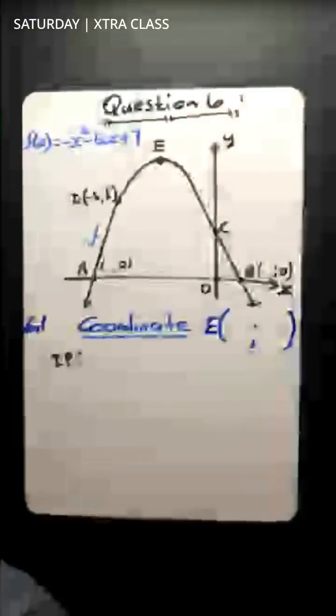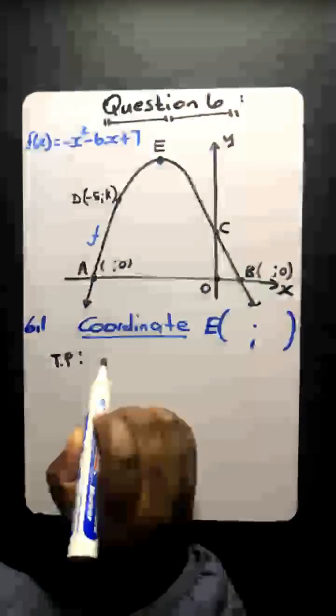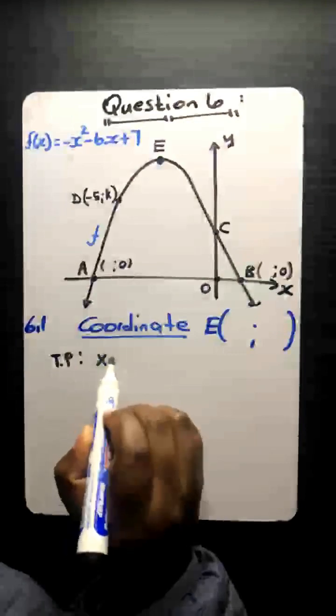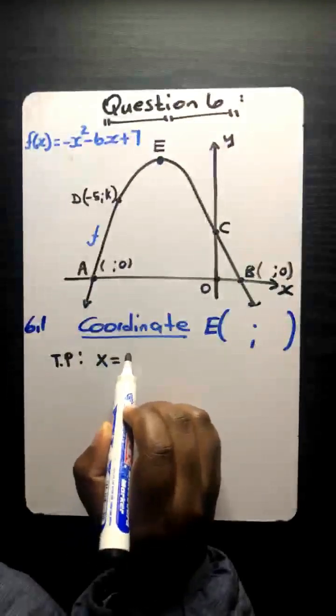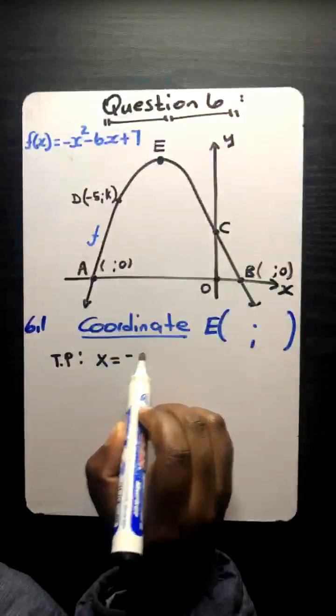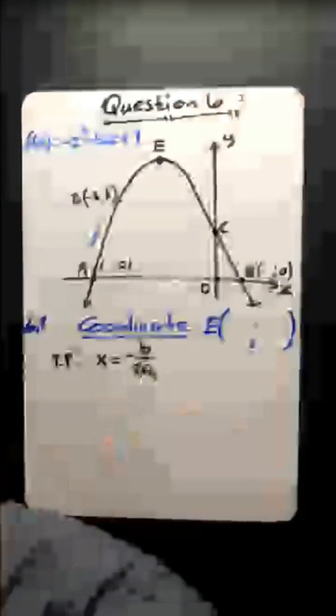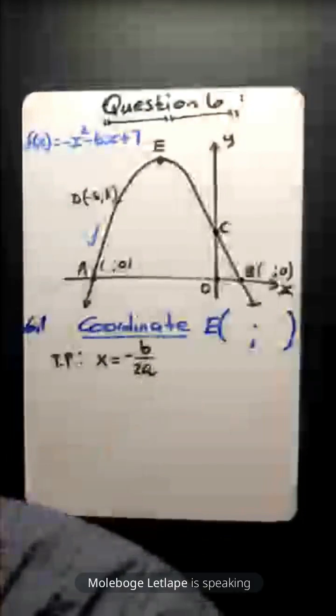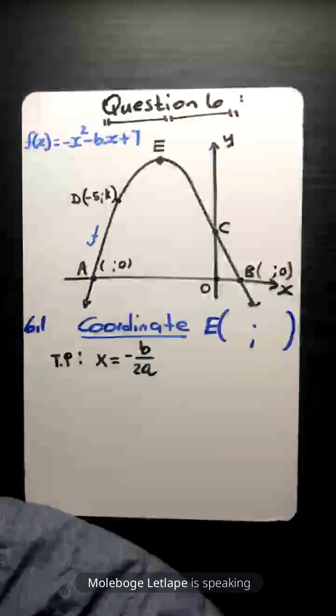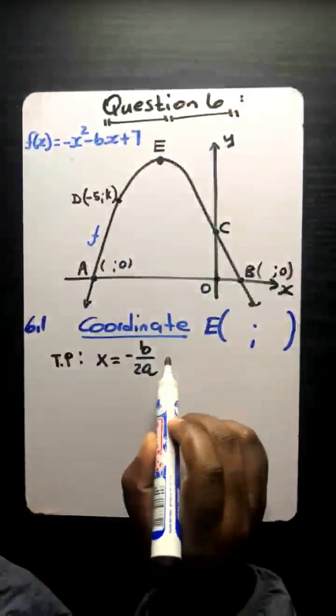And that formula, if you remember, what is that formula? I think it's X equals negative B over 2A. Am I correct in saying this? Yes, you are correct.